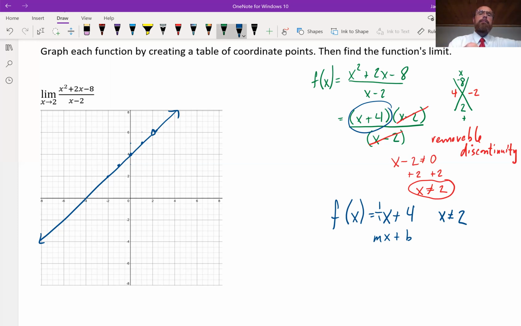Now what we're after is what is the y value as x approaches 2 from the left and from the right. Now we can see pretty clearly from our graph that when x is 2, y is 6.